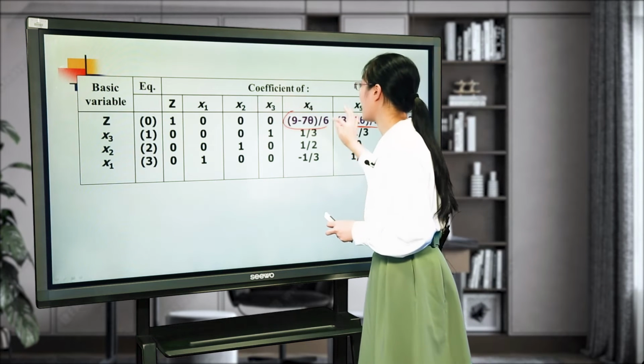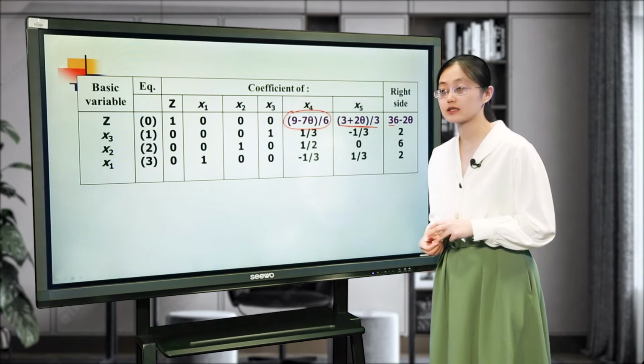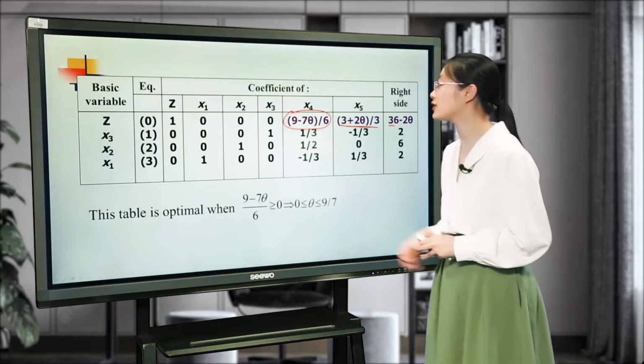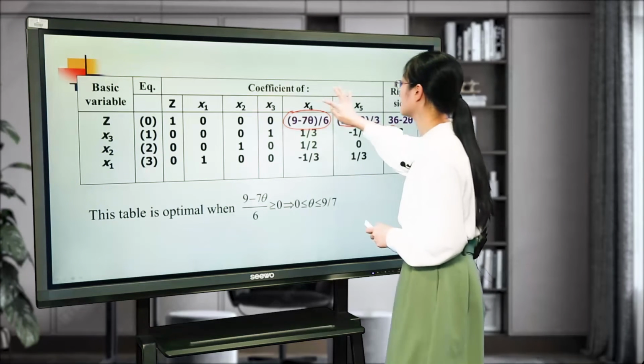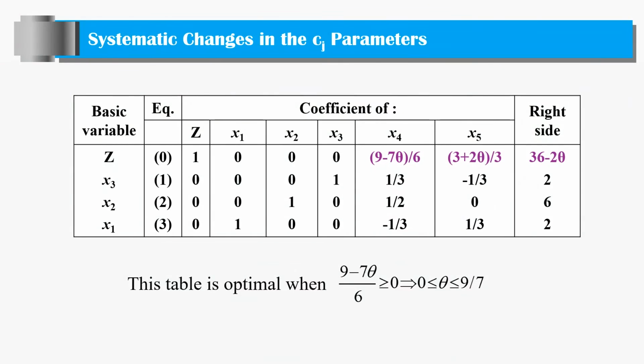However, we have this 9 minus 7 theta over 6. So as theta varies, this value may be negative or positive. So in order for this solution to still remain optimal, we just need this value to be bigger than or equal to 0.